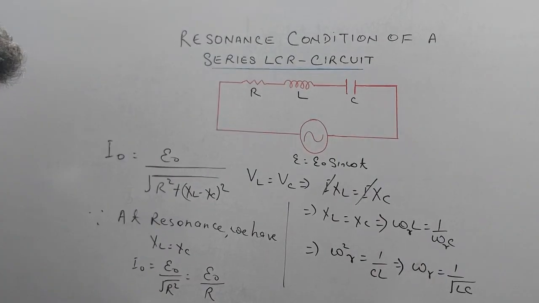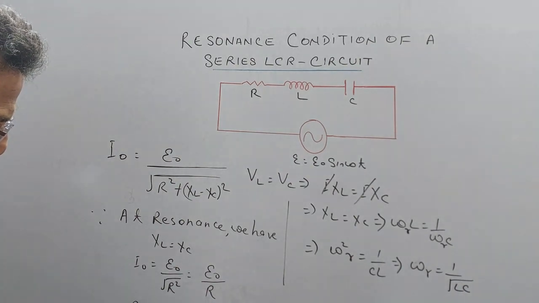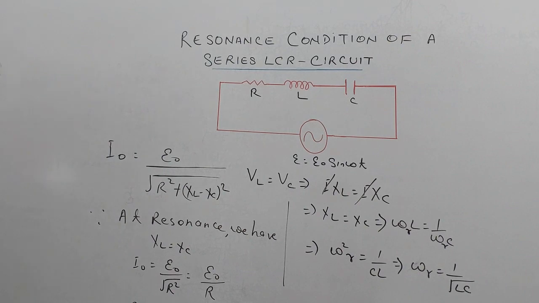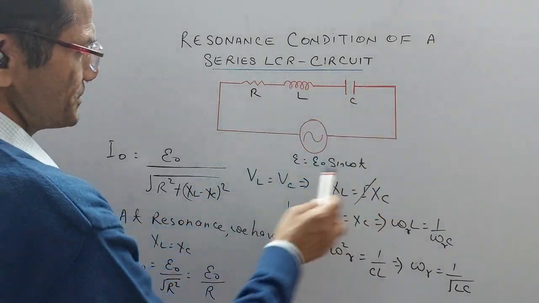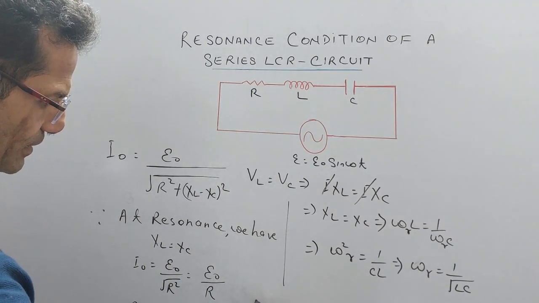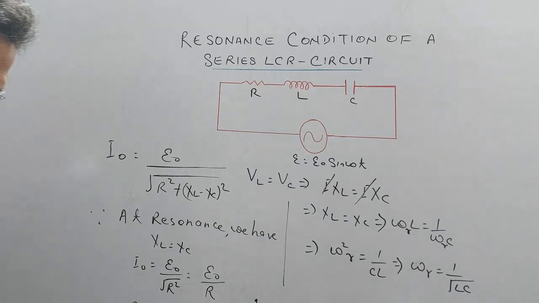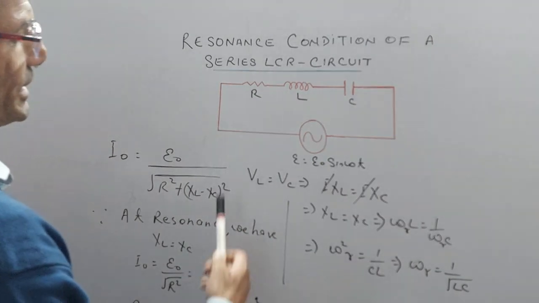So the power consumed by our LCR circuit at resonance is equal to I RMS square into R. Also we can write this as the square of the RMS voltage divided by resistance R. Power is consumed totally across the ohmic resistance only.